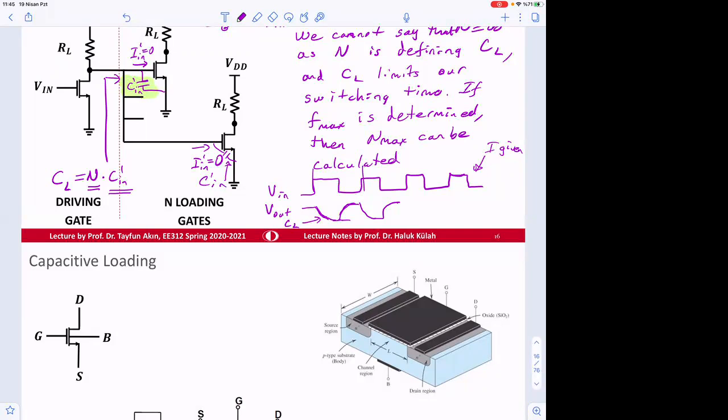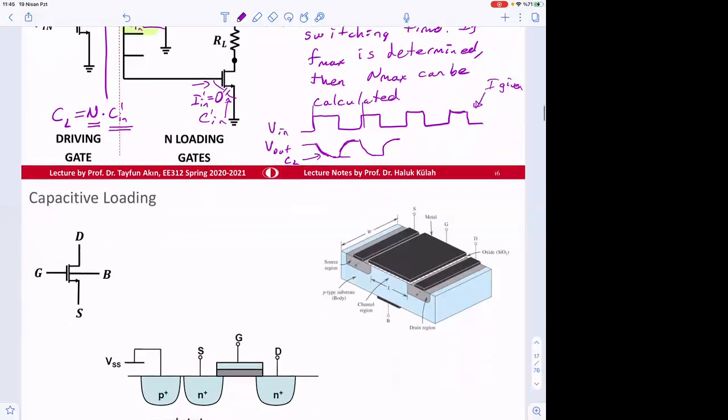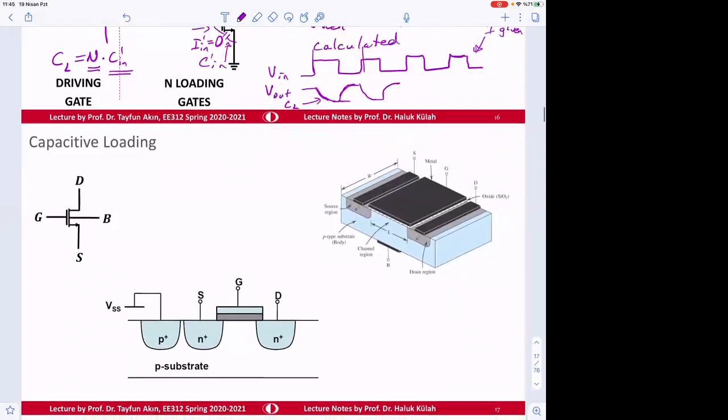If you're operating your microprocessor at 10 megahertz, that's okay, no problem. You can connect many. But if you start operating the microprocessor at maybe 500 megahertz or 1 gigahertz, then it will create some limits. So that's what you need to know.